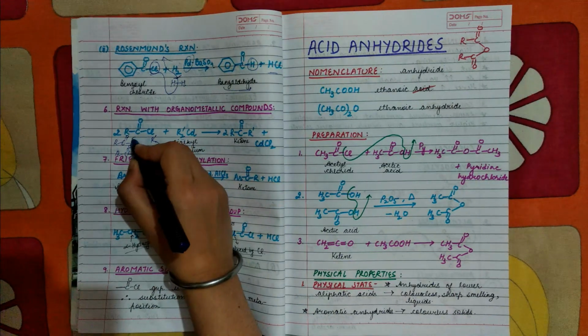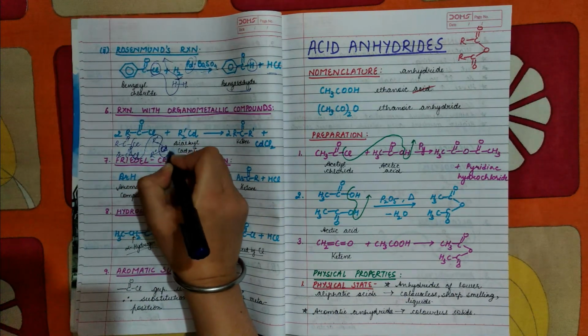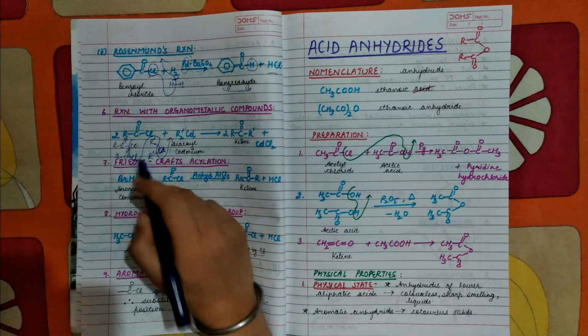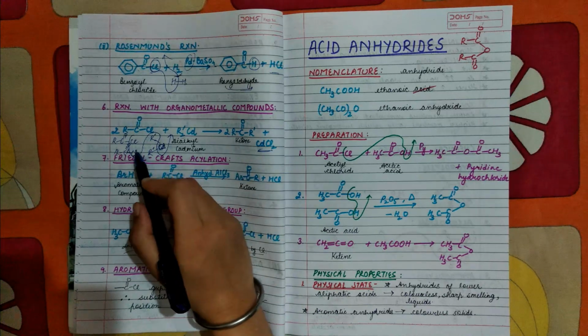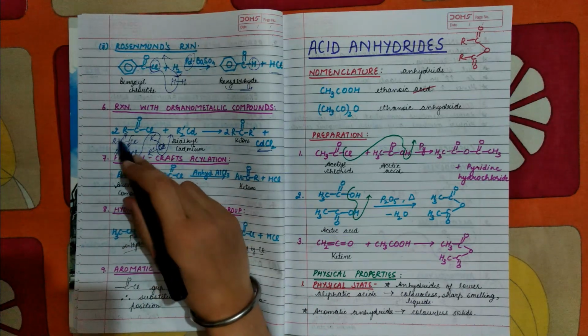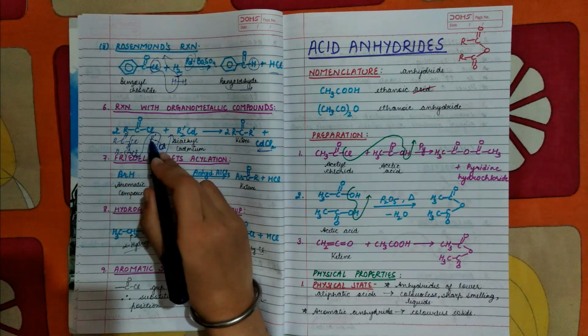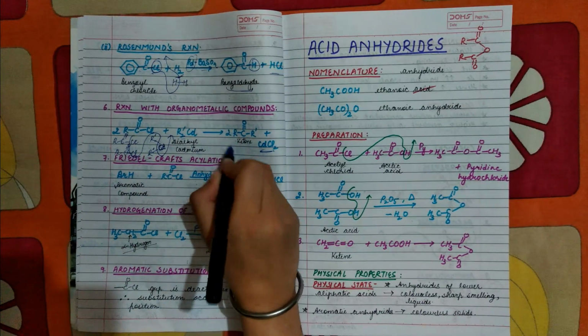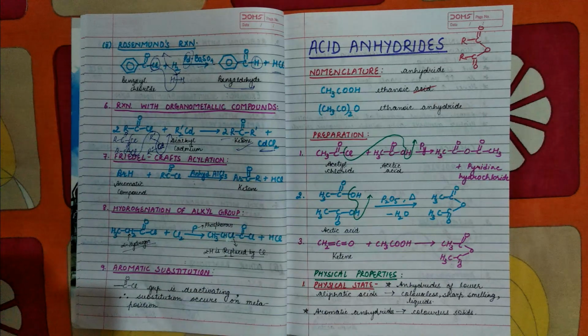We remove 2 chlorines and 1 cadmium. Can you see the reaction? Cadmium chloride is removed and the rest which is left are RCOR' and RCOR'. Two molecules of ketone are formed. Very easy reaction, not complicated at all.